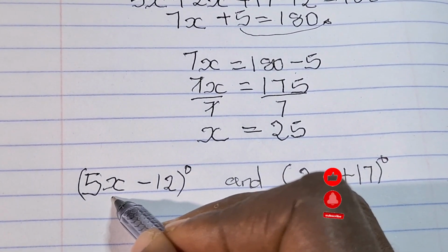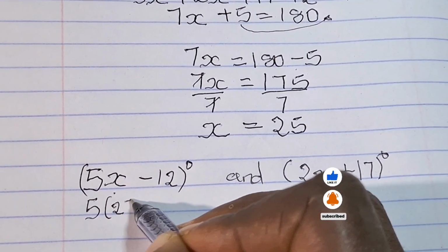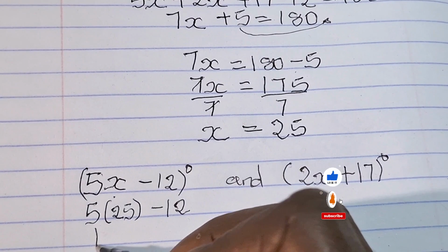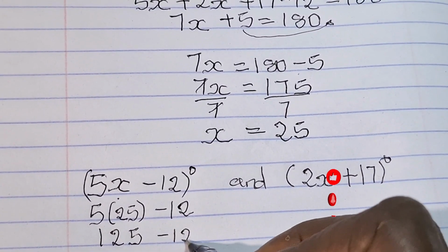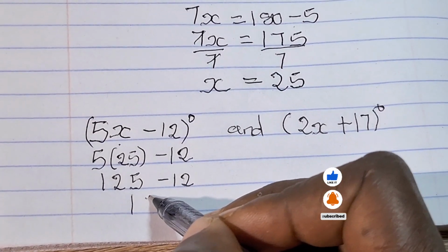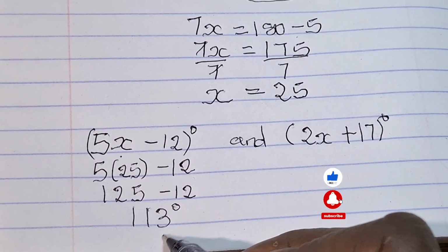I'm going to substitute 25 here. So this is 5 into 25 minus 12. And what's that? 125 minus 12. And this is 113 degrees. Is this acute?